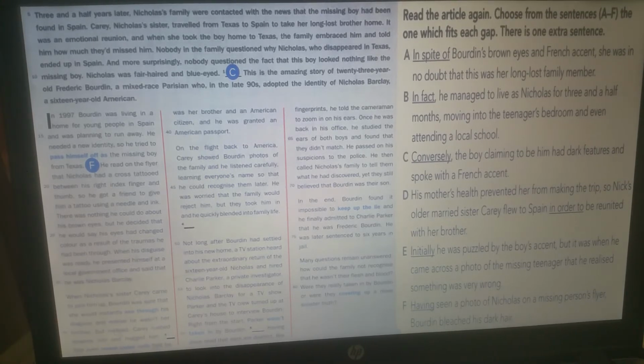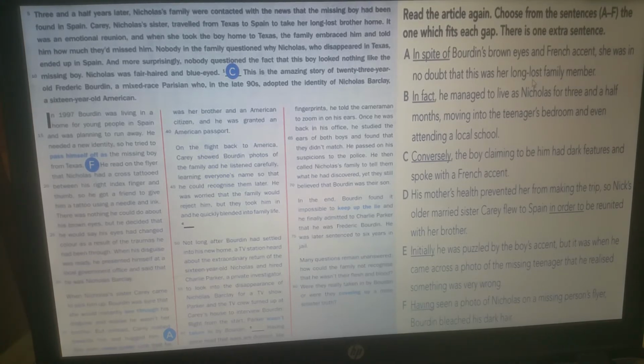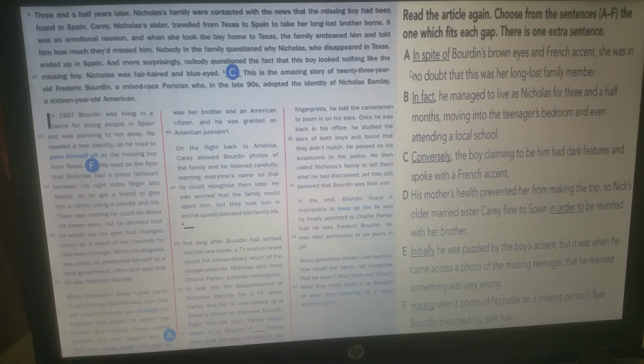Number 3. But instead, Carrie, that was his sister, rushed towards him and hugged him. What have you put in number 3? A. In spite of Burden's brown eyes and French accent, she was in no doubt that this was her long-lost family.